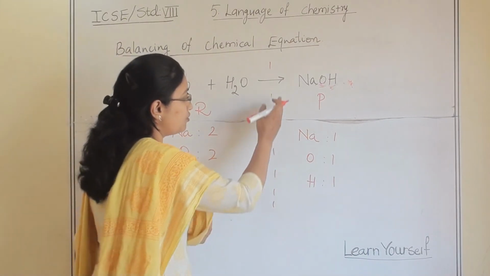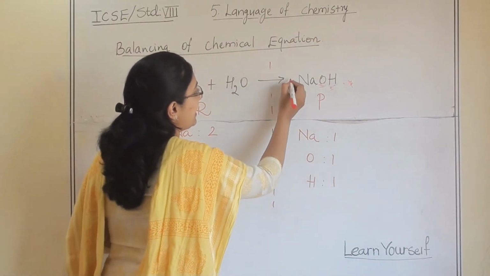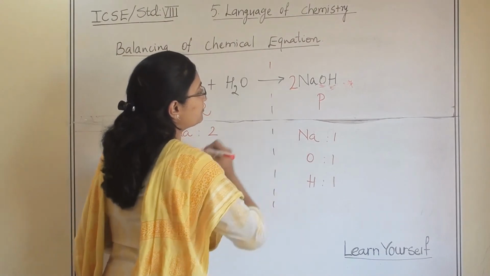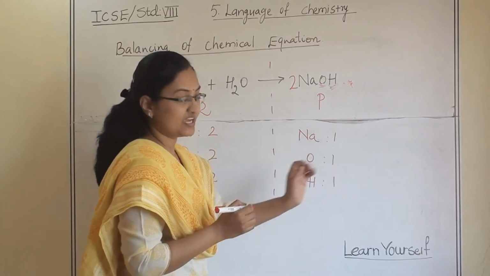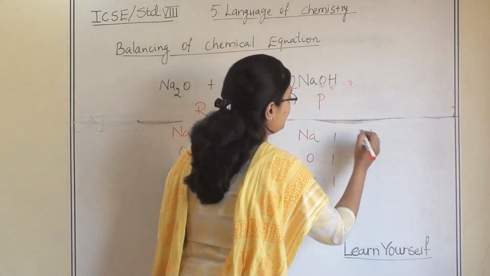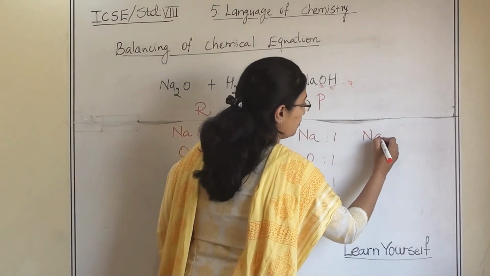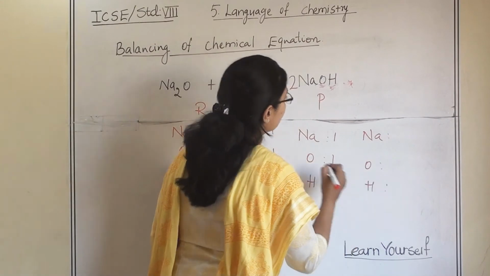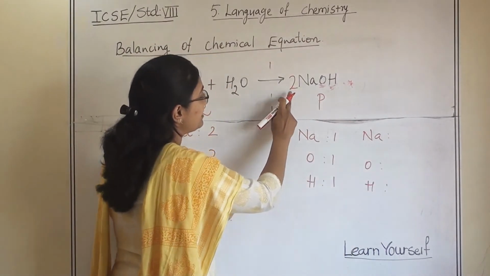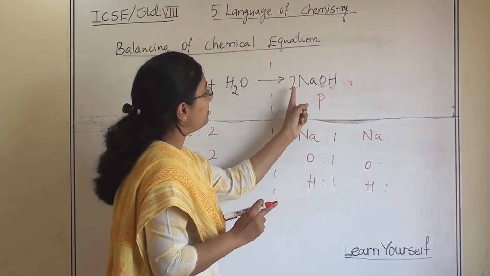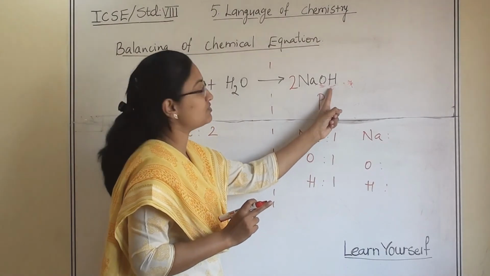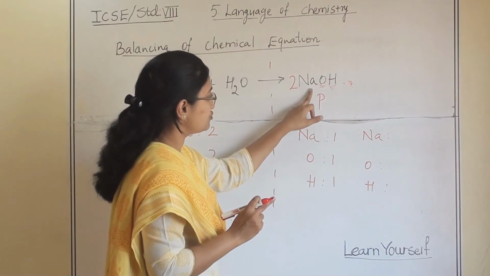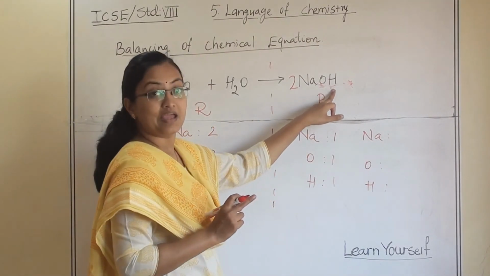So if I add a 2 here, then let us check now. After adding 2 here, what is the condition of my product? How many Na are there? When 2 is here, it is applicable to all the atoms here: sodium, oxygen and hydrogen.